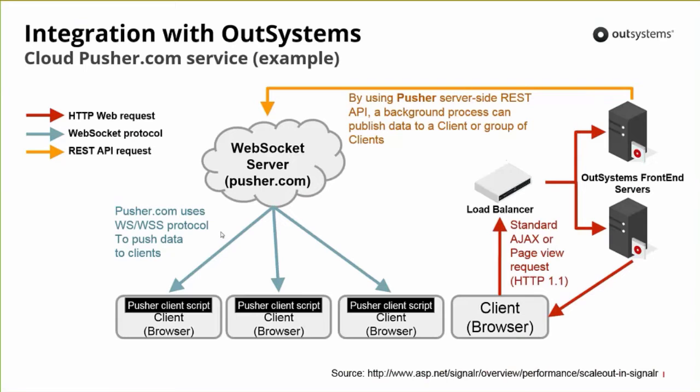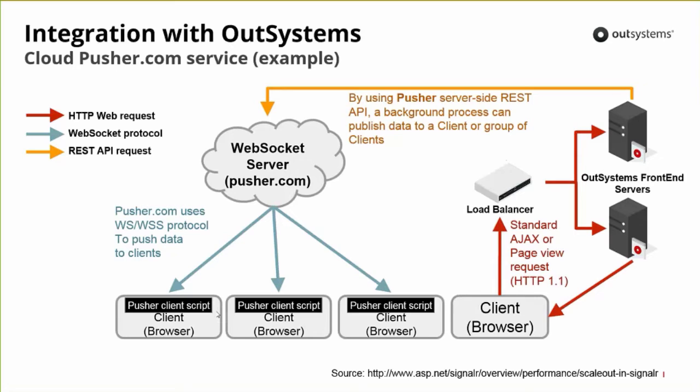In this case, the blue arrows represent normal HTTP requests and responses that are distributed by the load balancer to the OutSystems front ends. The OutSystems web applications that are interested in receiving notifications through WebSockets only have a simple Pusher.com JavaScript that is subscribed to those events, as we can see in these boxes here.